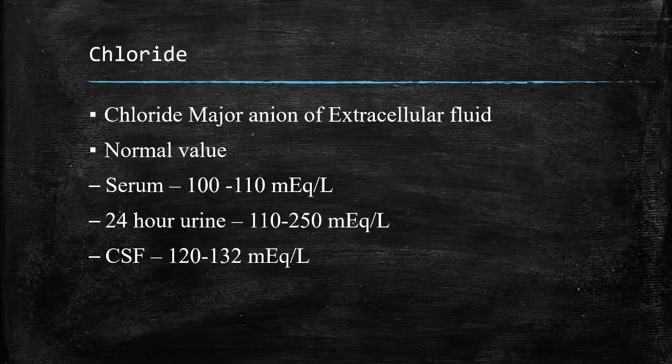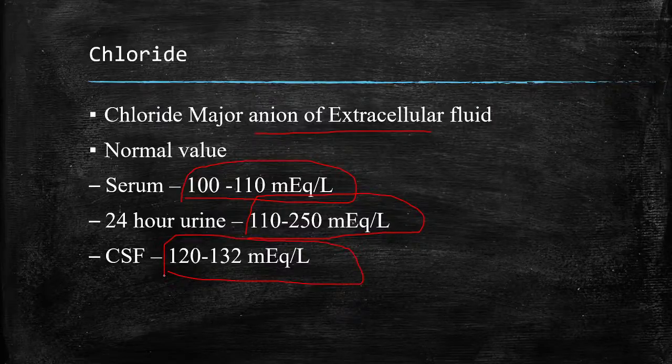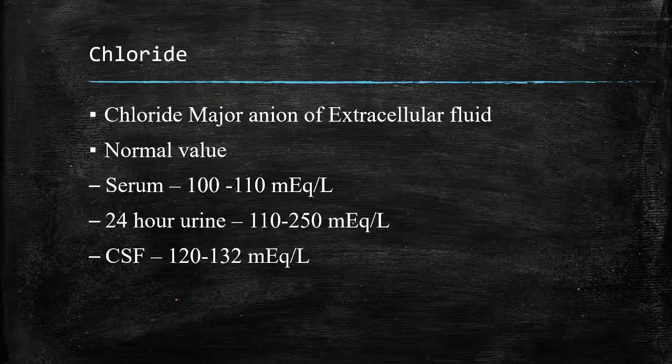chloride ions. So chloride is a major extracellular ion. So the normal value is 100 to 110 milliequivalents per liter in serum, and 24-hour urine should contain 110 to 250 milliequivalents per liter, and cerebrospinal fluid should contain around 120 to 130 milliequivalents per liter.